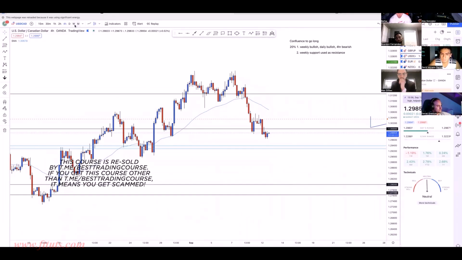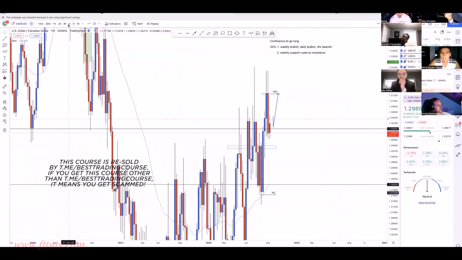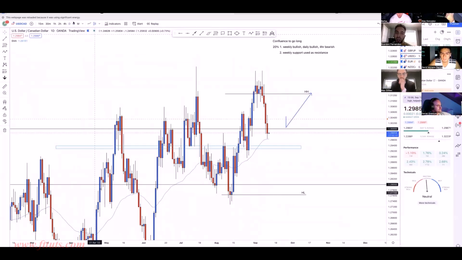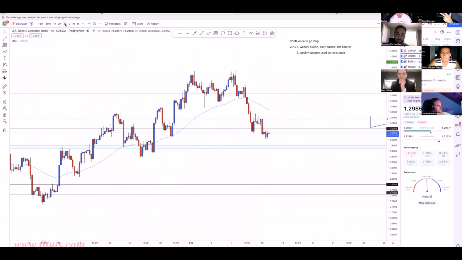So we are bullish on the weekly, still bullish on the daily, and the 4 hour is bearish. So now we need the 4 hour to go bullish, and then we have 3 time frames in sync, rejection from our entry signal, and we keep it going with the next confluences and everything else we need.